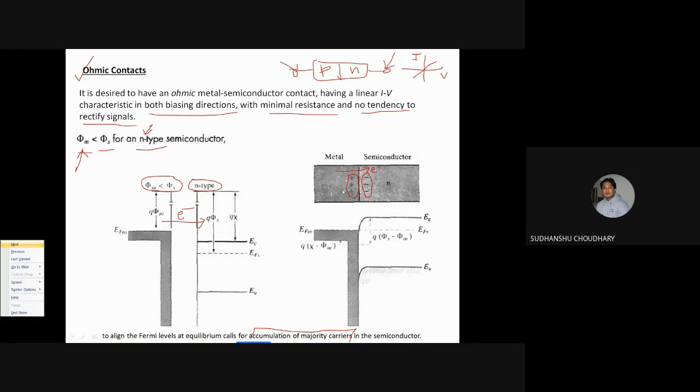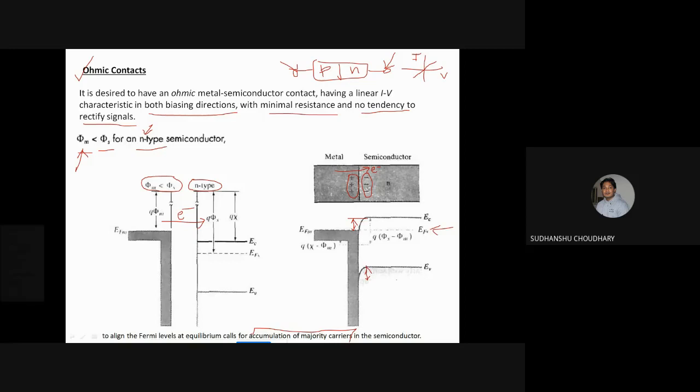Now, because of this movement of charges, the Fermi level is aligned. Okay. Now, in this case, we see that there is a very small barrier existing for both electrons and holes. Okay. So this barrier is very small, and it can be easily surpassed by application of very small voltages.